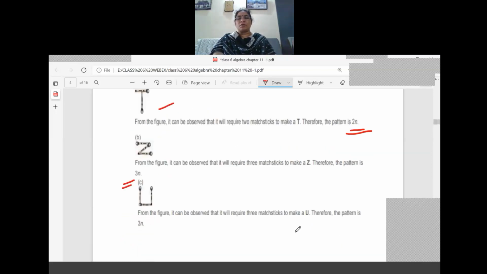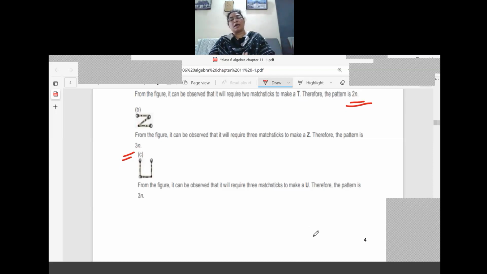Next, U. For U also we have 3n only. If you are interested, you can do it as rough work. You can look at the alphabets and find out the pattern for them. How many matchsticks are required for A? And any other letters, X, like that. It depends upon how you make them and you can form the patterns, right?